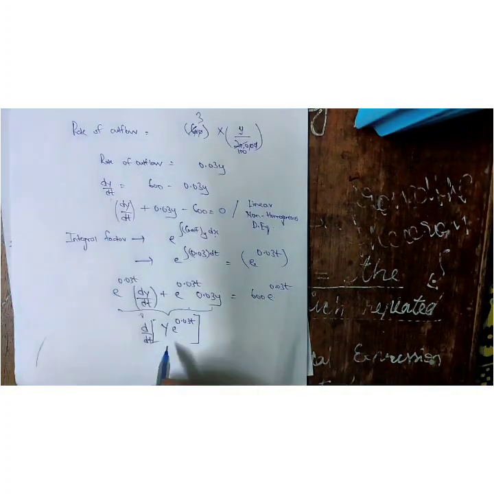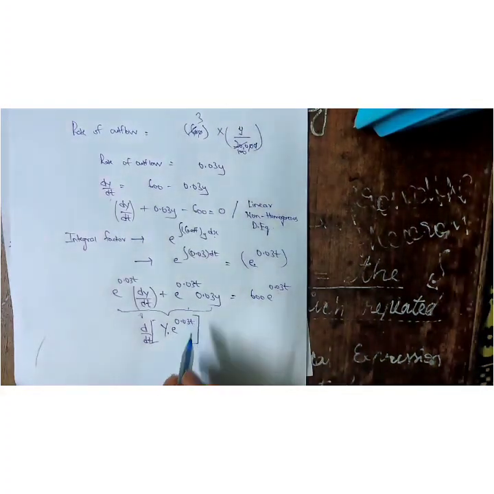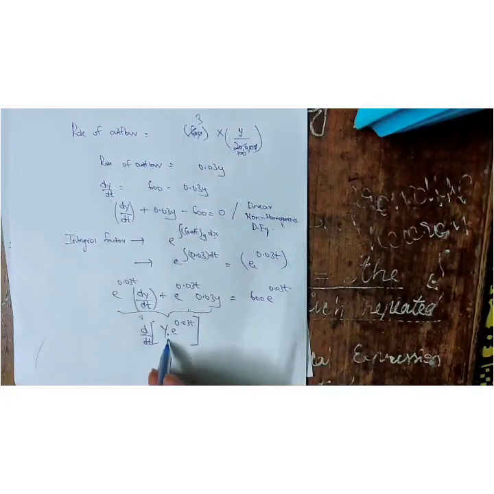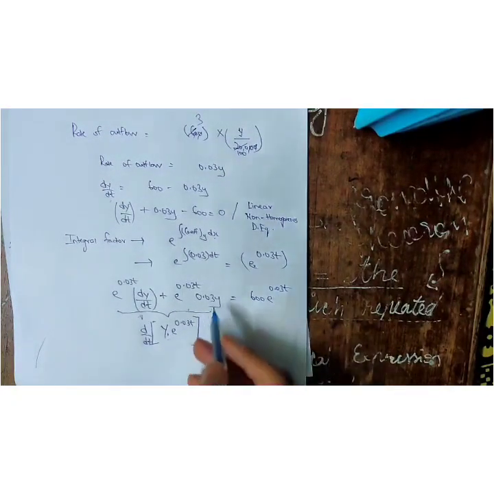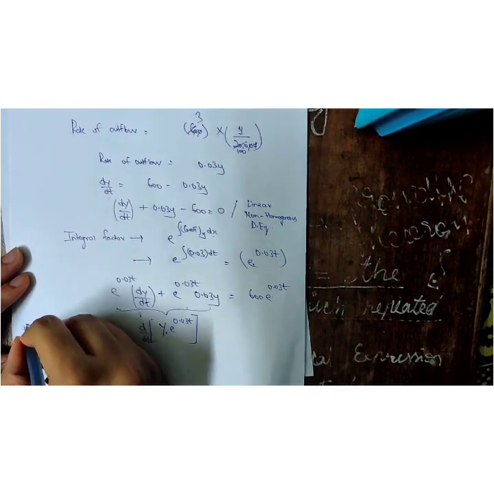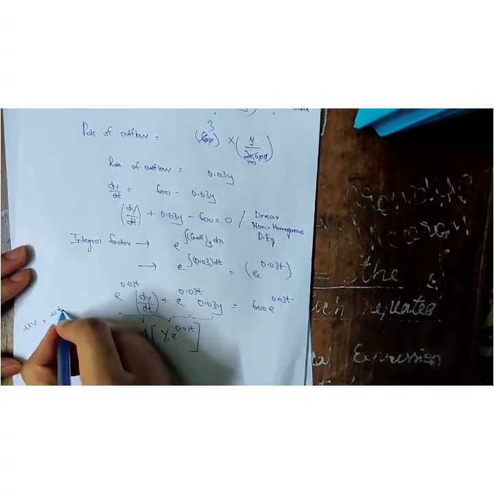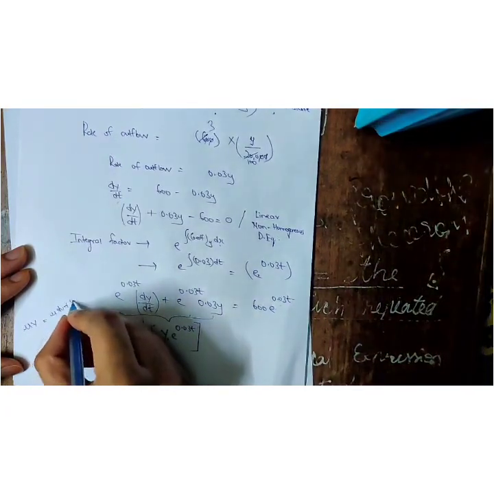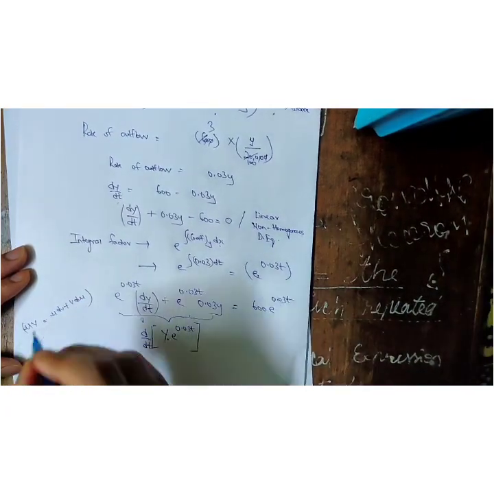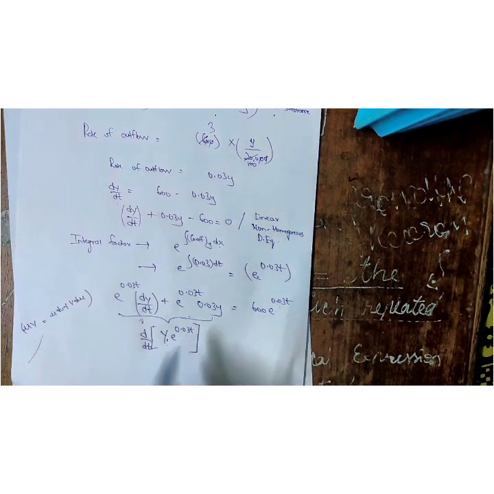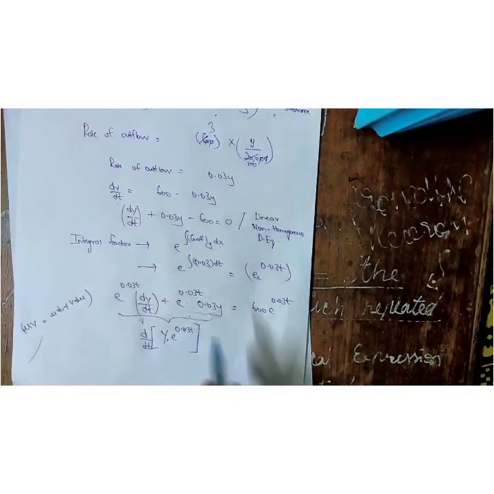Yes, it is possible. Y into e power 0.03t is differentiated with the help of which formula? The UV formula. What is the formula of UV? I'm just writing here, guys. U dV plus V dU.